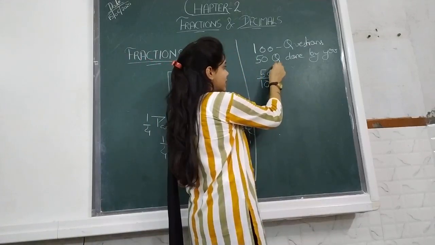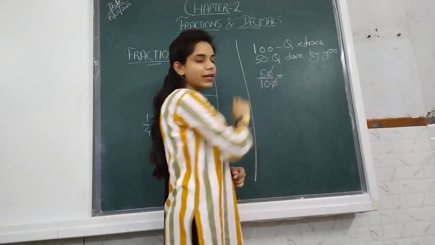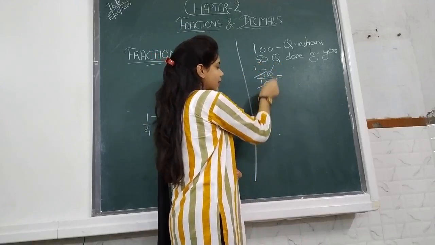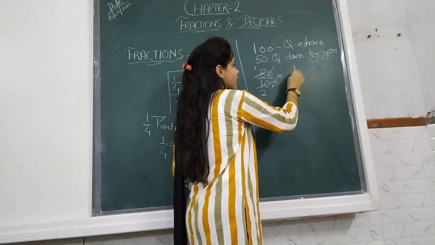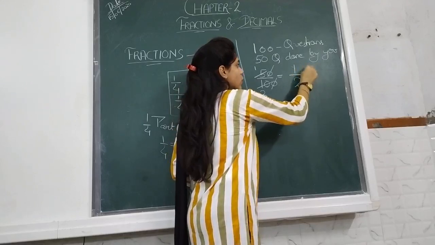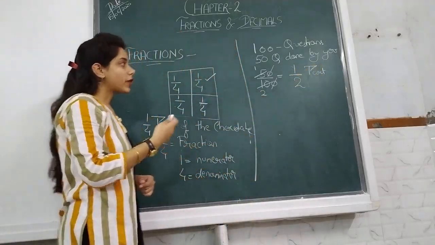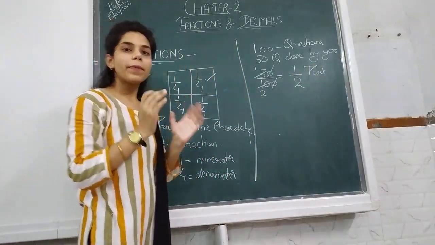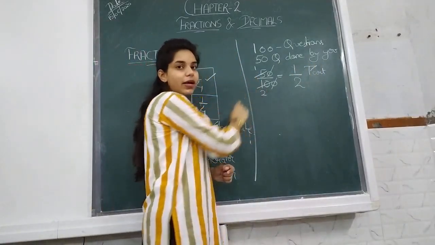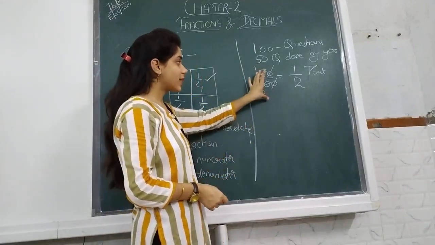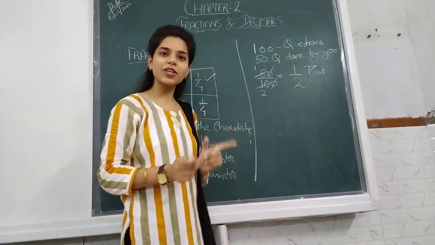Okay. So 0 will cancel 0, and 5 ones are 5, 5 twos are 10. So you have done half part of the question paper. Understood everyone? What I told you is that the whole part will come in the denominator and the part done by you will come in the numerator. So it is nothing but the half part of the question paper.